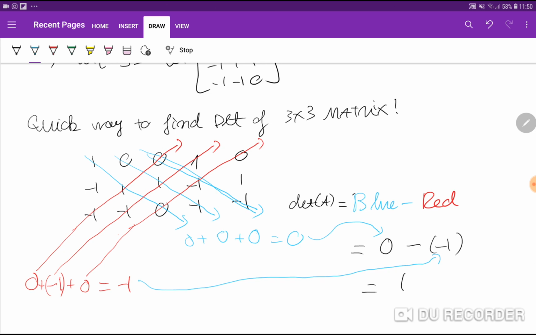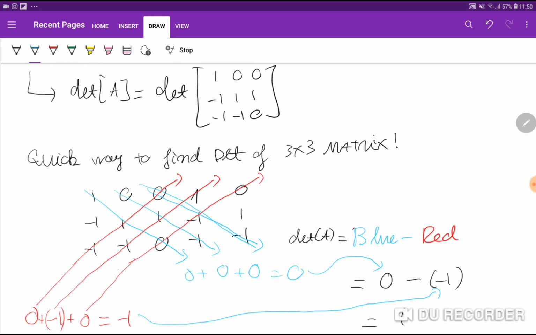Let me verify on my calculator whether the determinant is 1 or not. One second. Where's my determinant? I forgot how to find it. So the matrix is 1 0 0, negative 1 1 1, negative 1 negative 1 0.